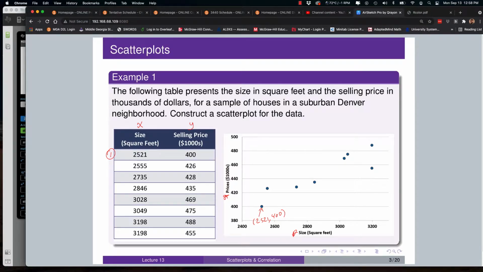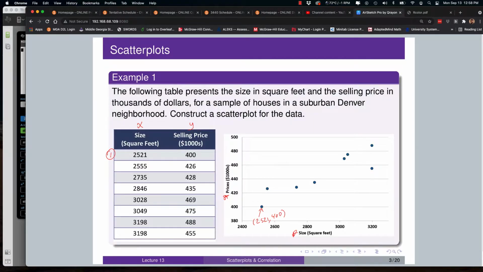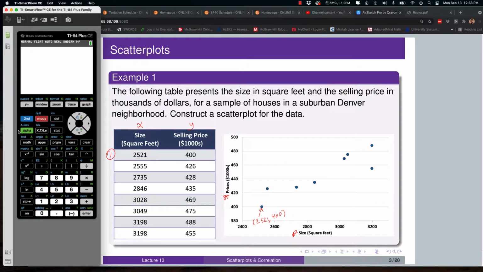I want to show you how to get your calculator to do that real quick, just in case you haven't done this in a course before. I know some of you have, but if you haven't, the directions are pretty much here. For the data set we saw on the previous slide, to get that graph on your calculator, you're going to press the stat key and put your data in the list editor under edit, like we've been doing with other things.